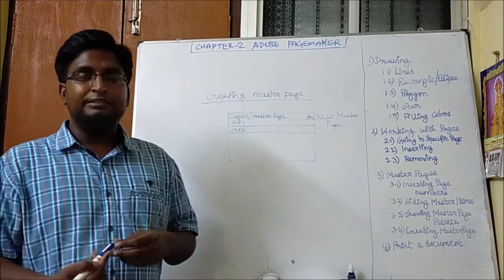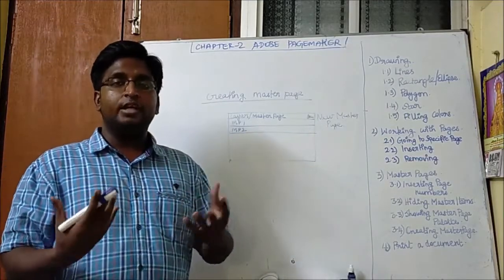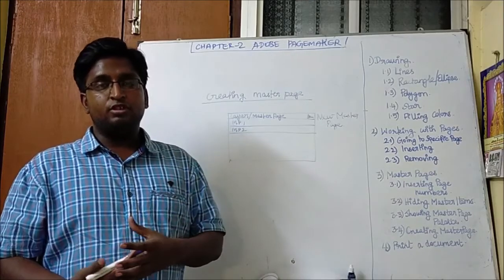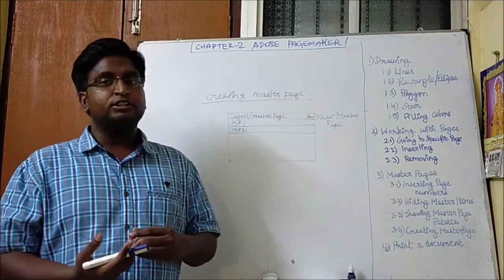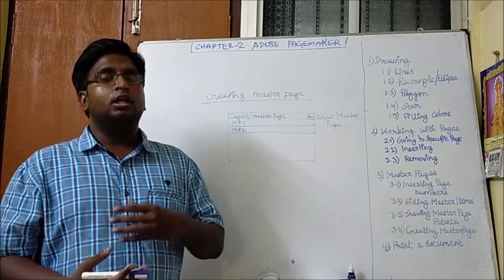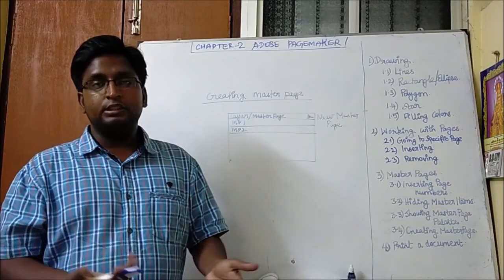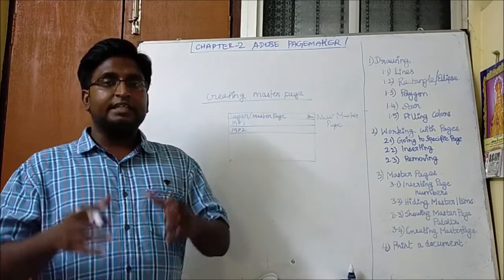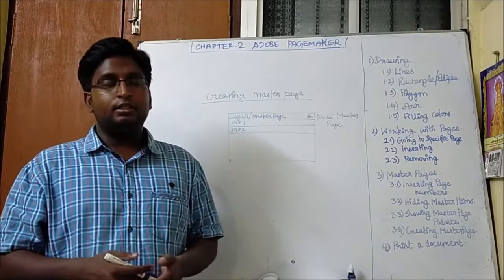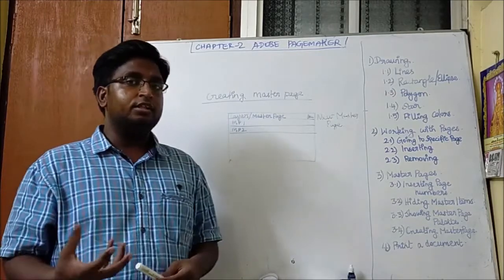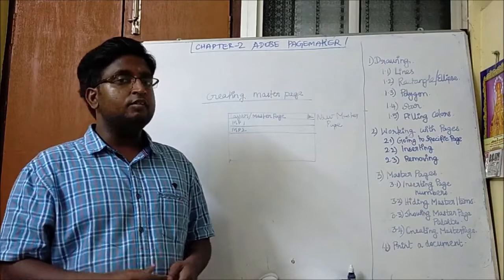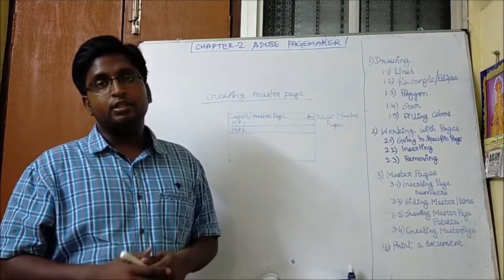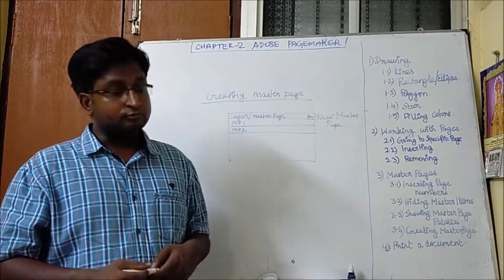So we can create the master page similar to how we create the normal pages. It will be asking all the options: the name of the page, inner margin and outer margin in inches, size of the master pages, and all the things which we give in the normal pages. The same thing will be asked in creating new master pages.